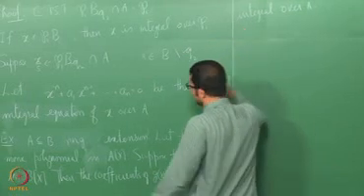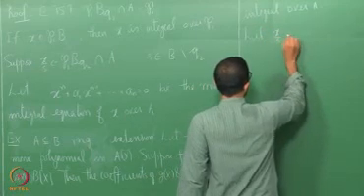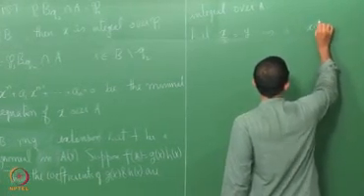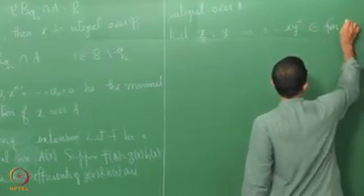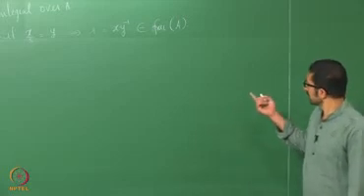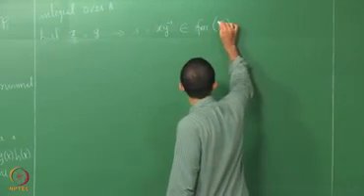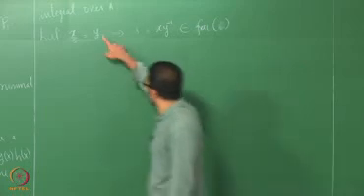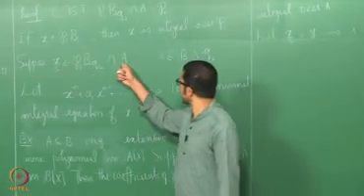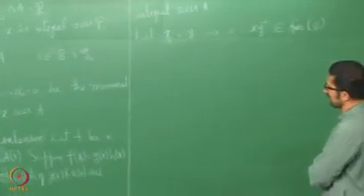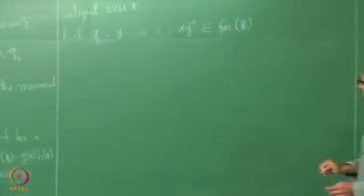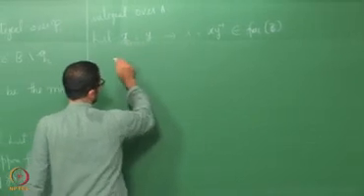Now let x by s equal y. Then I can write s as x y inverse, an element in the fraction field of B. Here y is in A because I am taking x by s to be y, and x is in B, so this is in the fraction field of B. But at the same time s is in B itself.